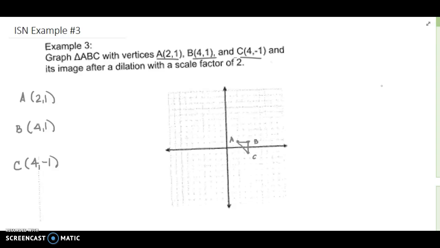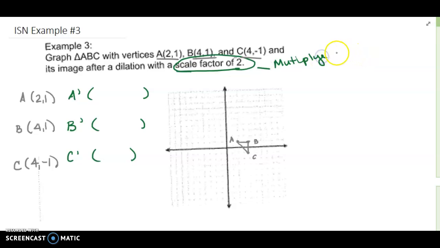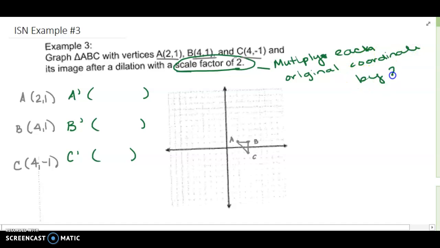All right, so we're going to dilate this by a scale factor of 2. So we're going to get A prime, B prime, and C prime. And we're going to find the coordinates of those, then we're going to plot them. When it says to dilate by a scale factor of 2, what we're going to do is multiply each original coordinate by 2.